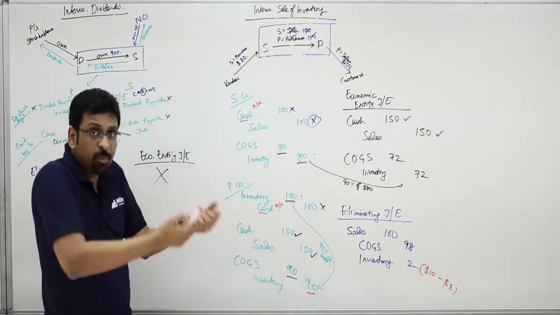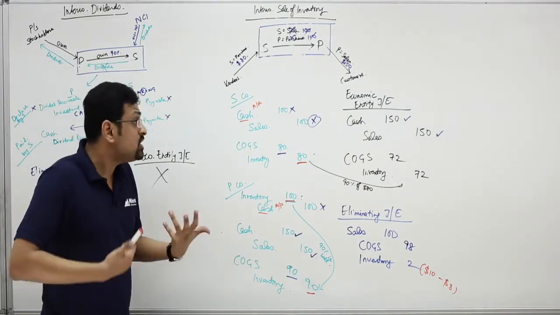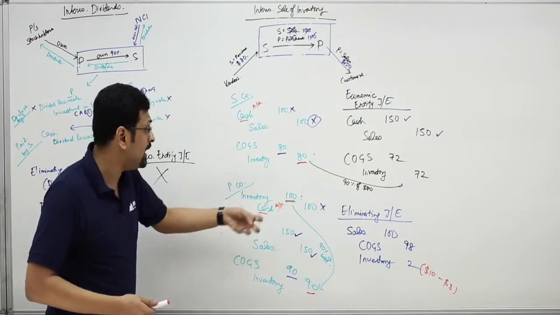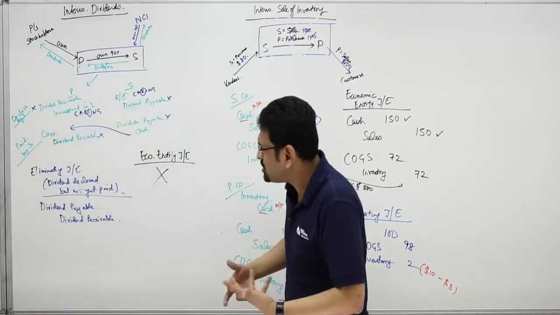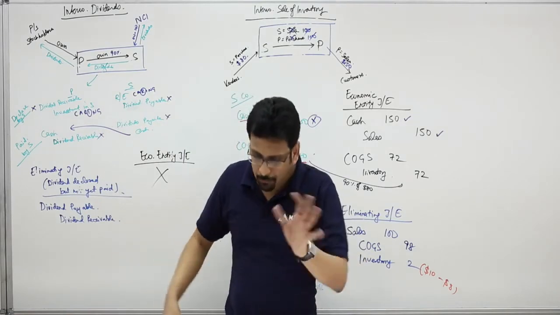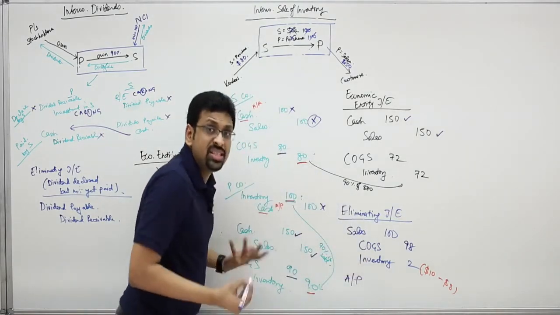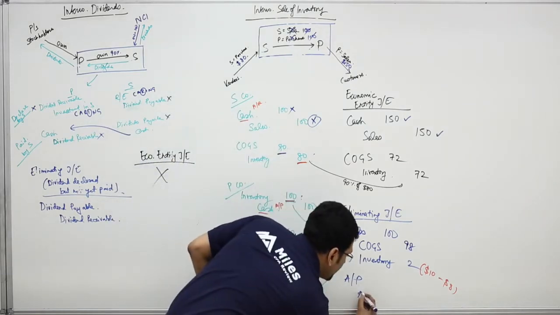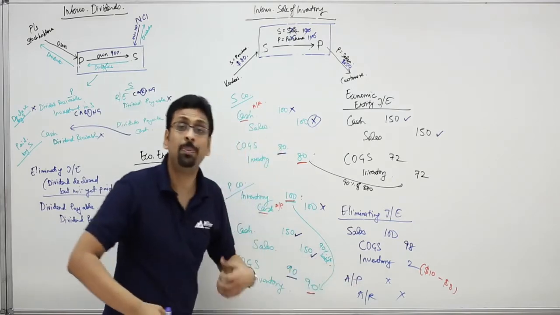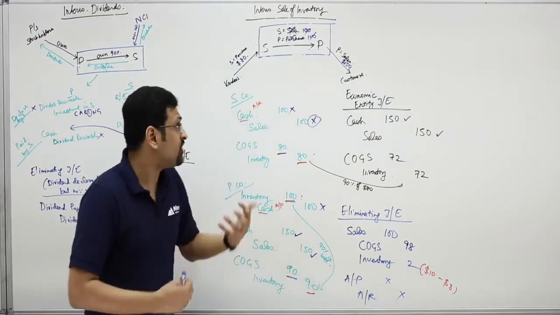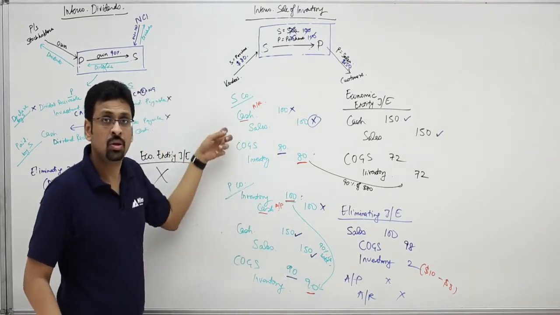Can you have a receivable from yourself, a payable to yourself? No. So in that case, you would also have to eliminate the payable and receivable. And elimination of that was pretty much similar to what you did here. The payable is a credit account, so you would have debited it. The receivable is a debit account, so you would have credited it. Accounts payable to accounts receivable. Now this would have come into play only when the transactions were happening on credit, not on cash.